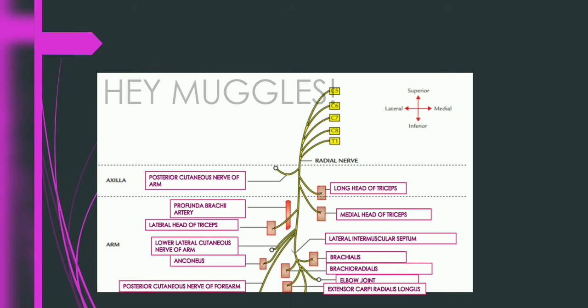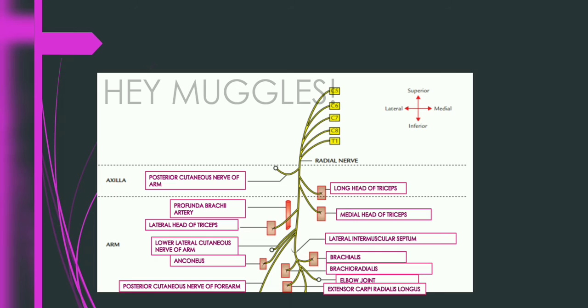Here the radial nerve lies in direct contact with the spiral groove. After reaching the spiral groove, it lies in direct contact with the humerus, and here it gives 5 branches.